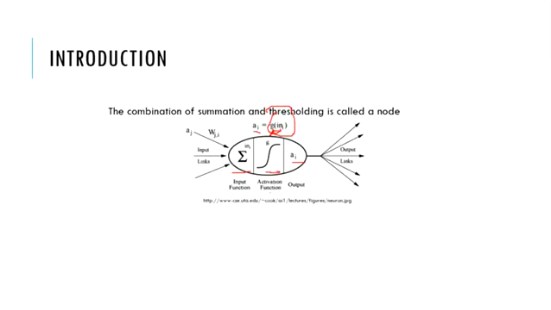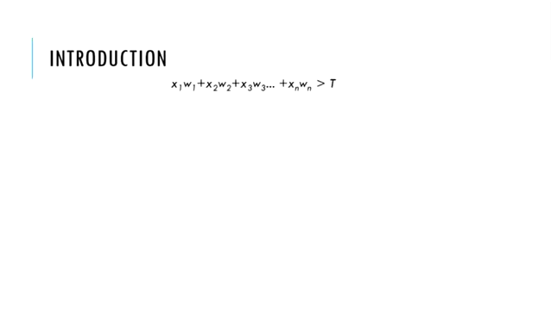So this G function gives me the activation value, and if this activation value passes my criteria, then I produce the final output. So I can mathematically write the step function as this: if the sum of all of these values is greater than some threshold, then we produce output 1, and if it is lesser than some threshold, then we produce output 0.